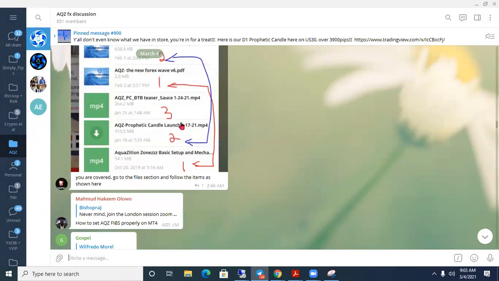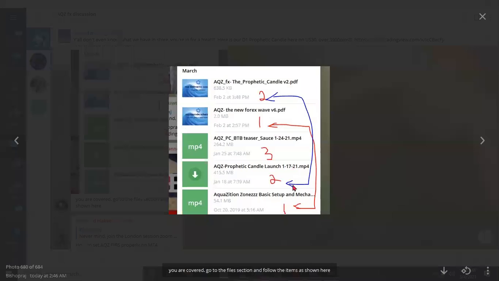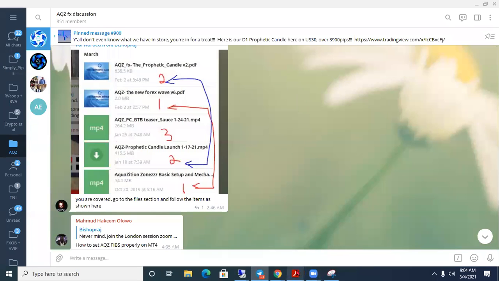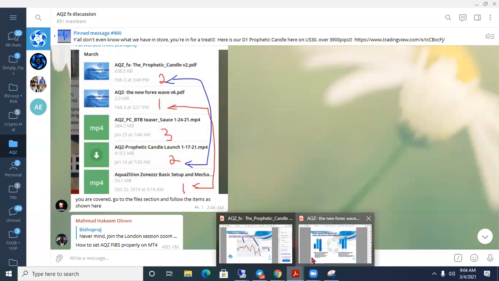So these are the items. Number one, where you should start from is acquisition zones, basic setup and mechanisms. Then you can go to the prophetic candle, and then you can look at Beat the Bank. To help you understand acquisition zone basic setup, there's a PDF document, AQZ New Forex Wave. And to help you understand the prophetic candle, there's also a PDF document that you could go through. So have those PDF documents open here.